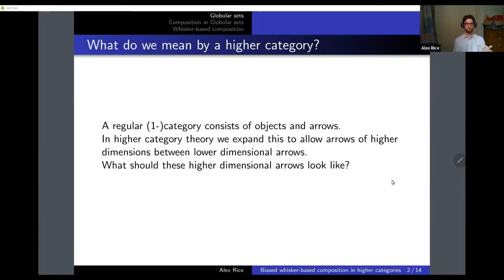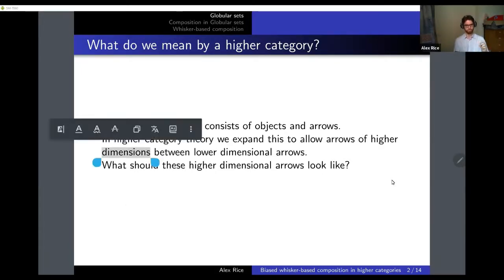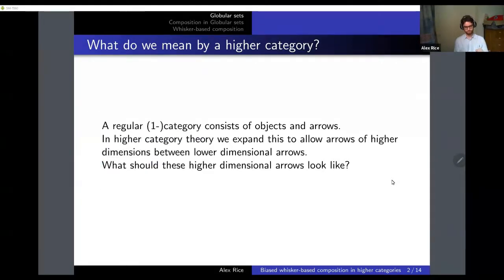So for example, I'm going to try and write. We could have things that are simplicial, which look like triangles. So if the lines are 1 arrows, then we can have 2 arrows between them. We can have things that are cubical, where we have things like these squares.